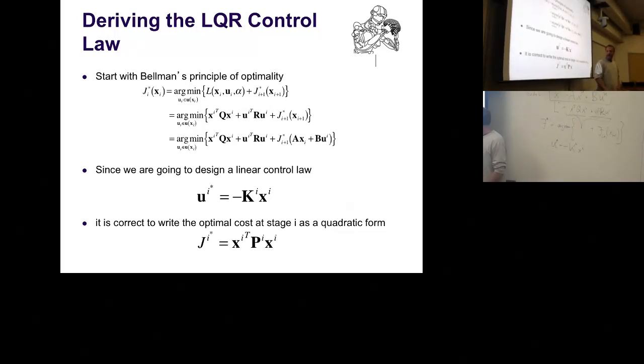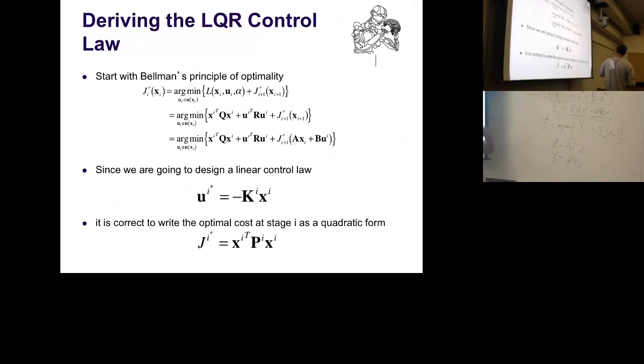Now, if you buy that, then you can also see that the optimal cost to go is going to be a quadratic function in x. Now, why is that the case? We call the optimal cost to go J i star to be x i transpose some P matrix x i.